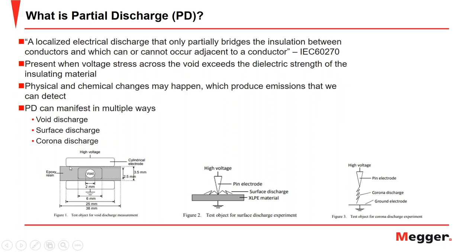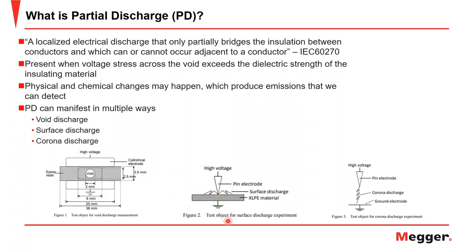So when you apply your electric field, the electric field in that void may exceed that dielectric strength, where it may not have exceeded the dielectric strength in the solid insulating material here. And this will cause that void stress to grow, and then ultimately could cause breakdown between the 2 electrodes.